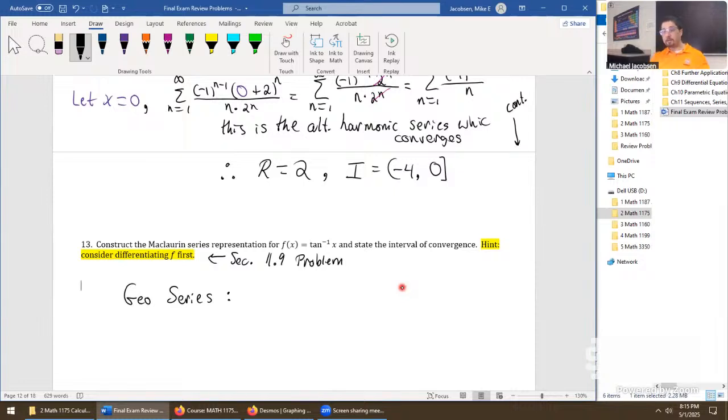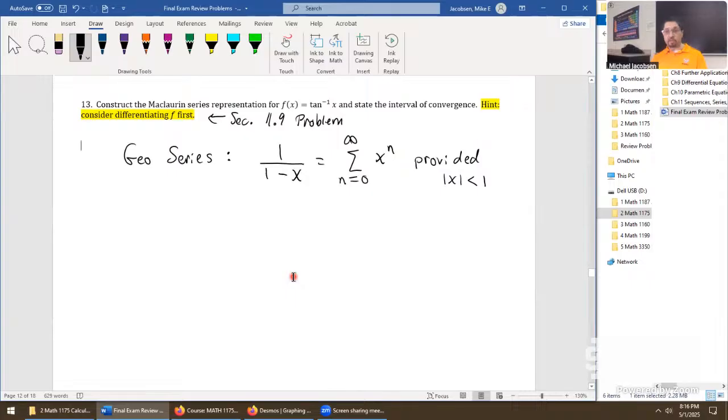But if we're thinking in terms of Maclaurin series, here is the geometric series as a Maclaurin series. 1 over 1 minus x is the summation from 0 to infinity of x to the power n, provided x in absolute value is less than 1. So this is the formula we're going to use to get through this one.